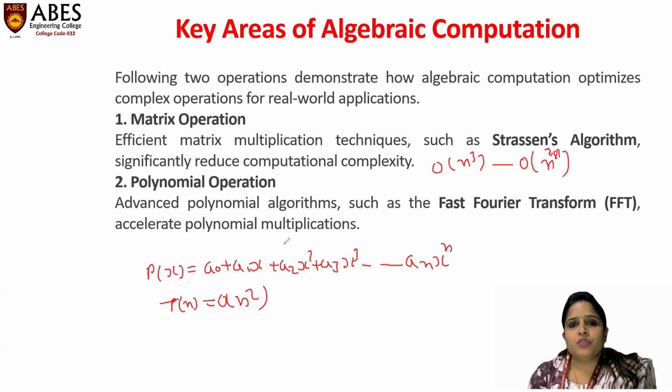With the help of suitable algebraic computations, that is fast Fourier transform, we can reduce this time complexity from order of n square to order of n log n. So that is the basic application of algebraic computations.